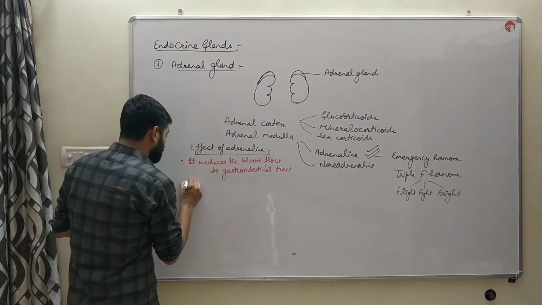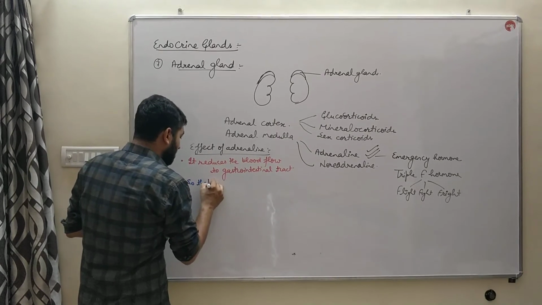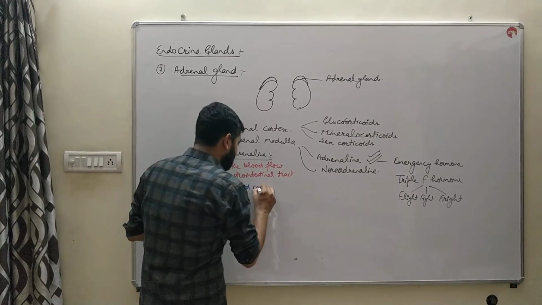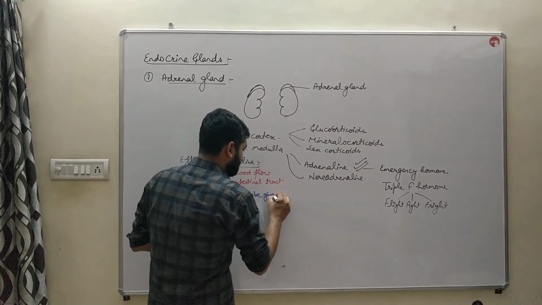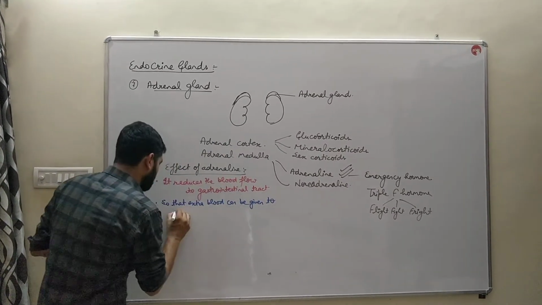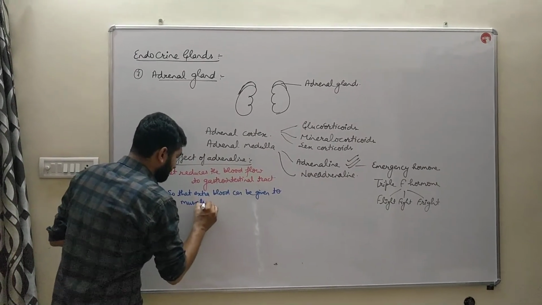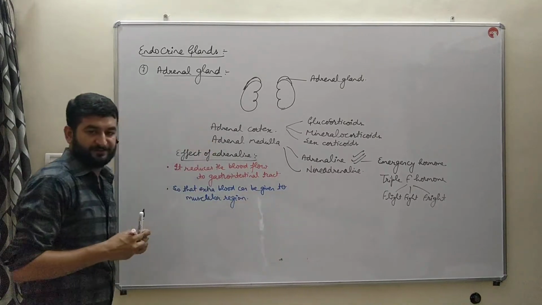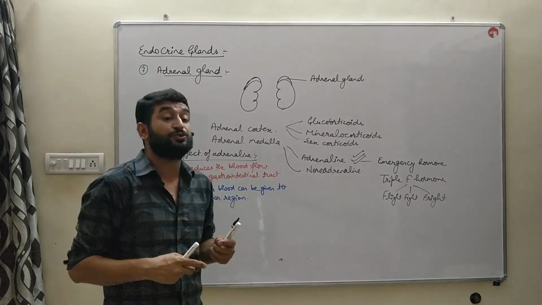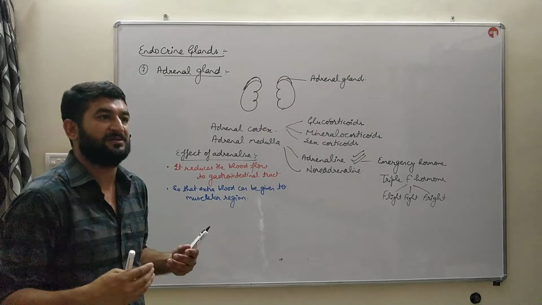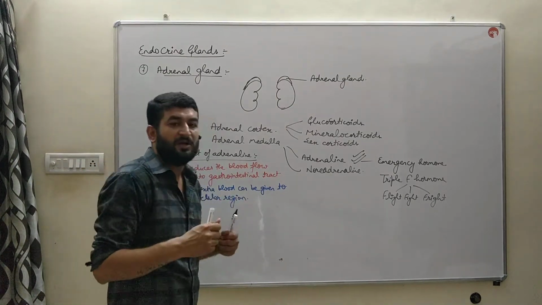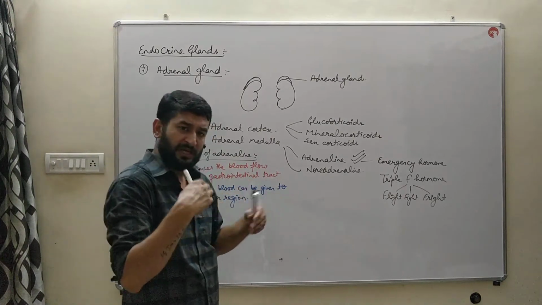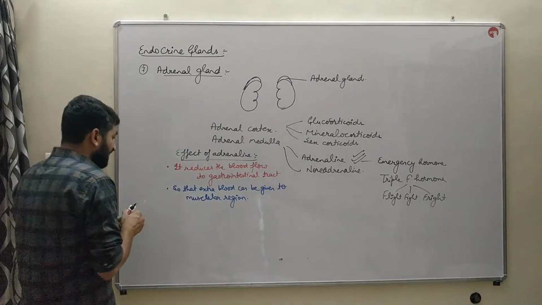Why is it reduced? So that extra amount of blood can be given to the muscular region, so that muscles can be prepared for those emergency conditions. So the blood flow is increased to the muscular region, to the muscles like bicep muscles, thigh muscles, so that we can easily run or prepare ourselves, or birds can prepare themselves for flight. So these are the reasons for that.